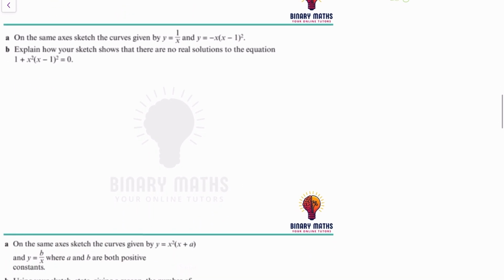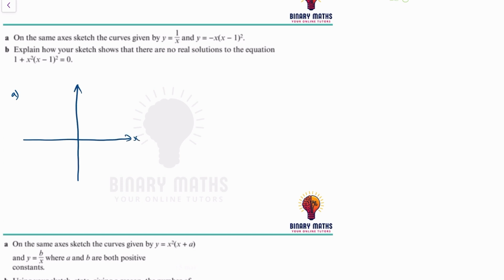On the same axis, sketch the curve given by y is equal to 1 over x and minus x over x minus 1 squared. Okay, so if we were to sketch it out, the first one is a reciprocal graph, so it's just a plain reciprocal graph.